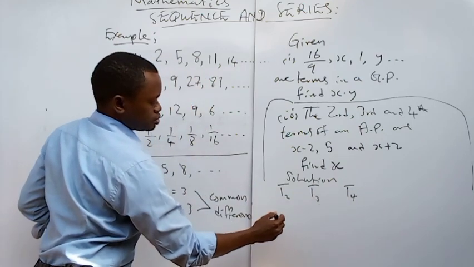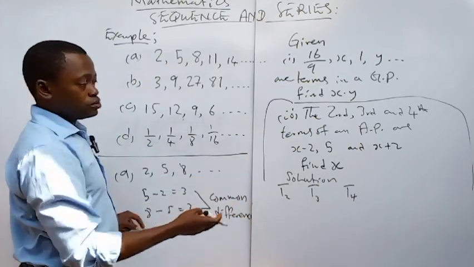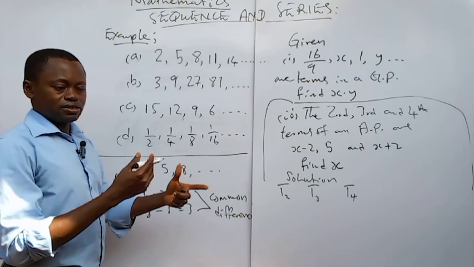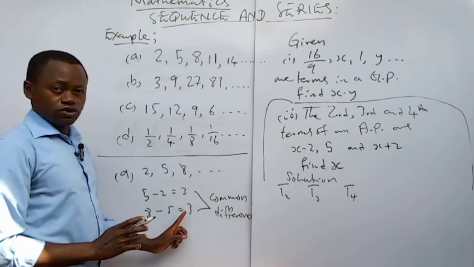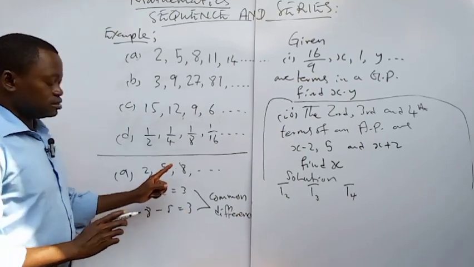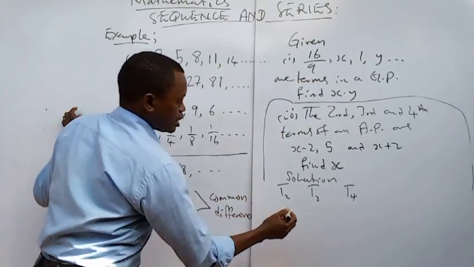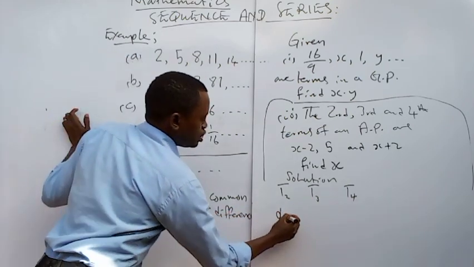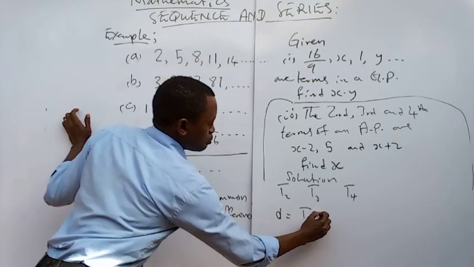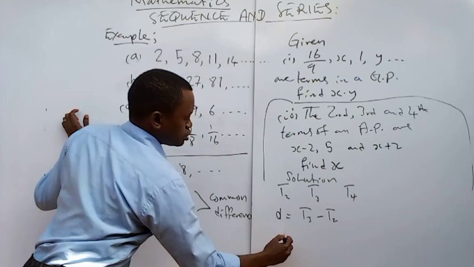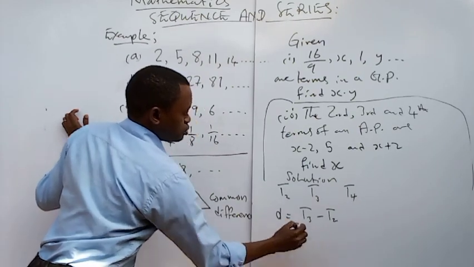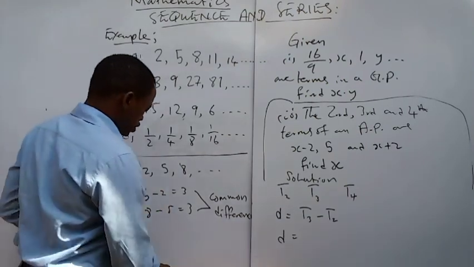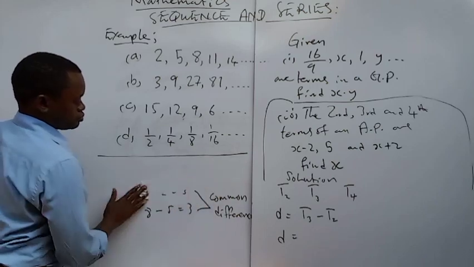So you know that the common difference, since we have been told that it's an arithmetic progression, meaning if you add a particular common difference, as I explained here, you will get the next. So it then means that the common difference, as I did here, will be T3 minus T2. Let me clean here and do it here so that you can get what I'm saying.